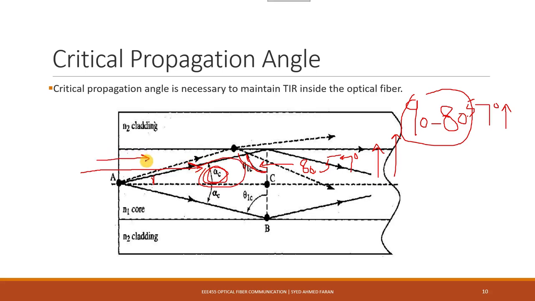We have to make sure that the critical incident angle is not less than 80.57 degrees for this example, and that means this angle would always be less than this value. So remember that the critical incident angle should be higher than a certain amount, and the critical propagation angle should be smaller than a particular amount.